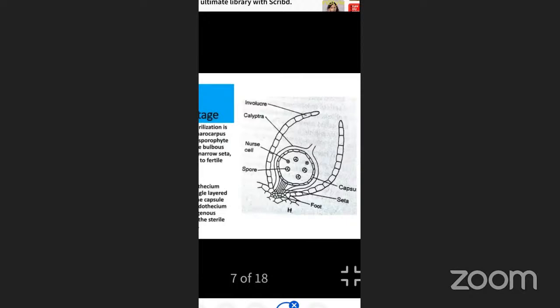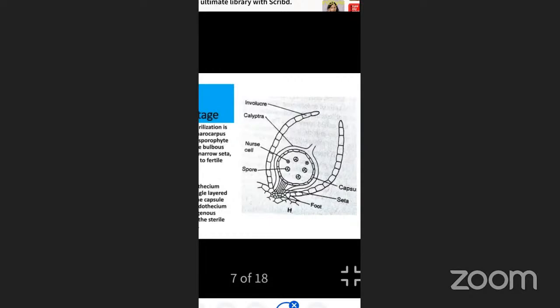And the upper two cells we call epibasal cells, meaning the upper one. Epibasal cells are the fertile cells, and repeated division produces the upper part of the seta and the complete capsule develops from the epibasal cells. The capsule portion is differentiated into outer amphithecium and inner endothecium.